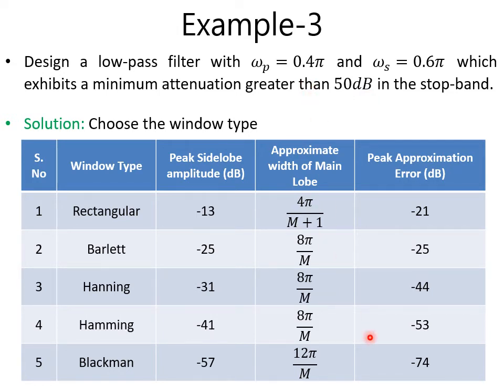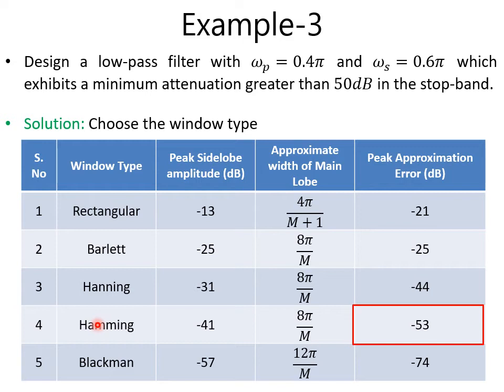So we can see that the Hamming window has stop band attenuation of minus 53 dB, which is slightly better than the requirement. So as far as the attenuation is concerned, we can choose the Hamming window, which suits our requirement. So choosing the Hamming window as the window function.